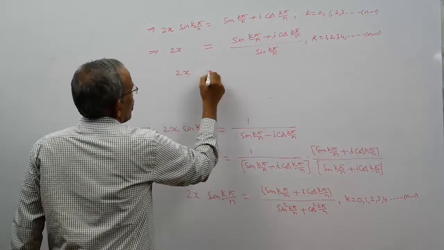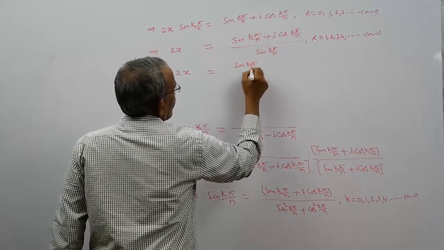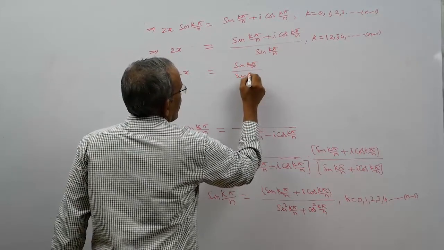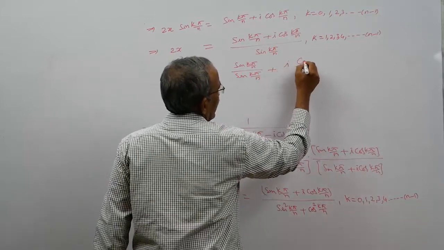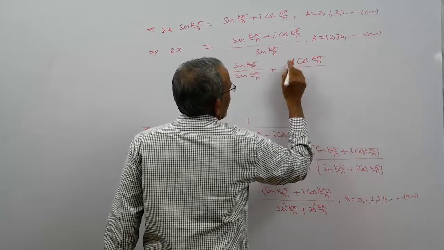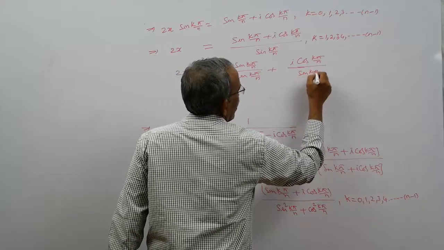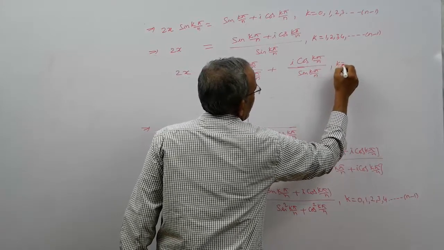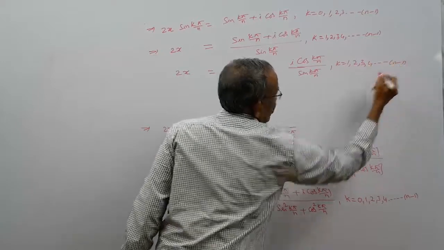That implies 2x is equal to sin kπ/n by sin kπ/n plus i cos kπ/n by sin kπ/n, where k equal to 1, 2, 3, 4 up to n minus 1.